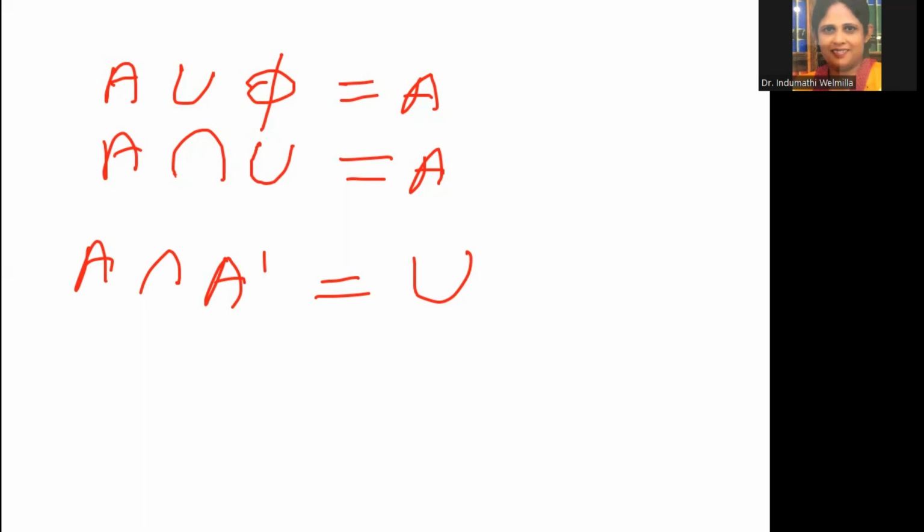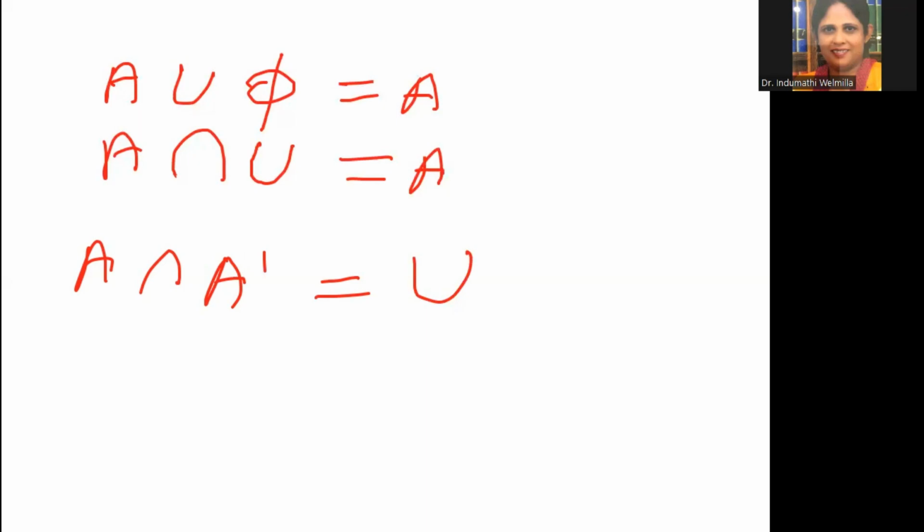Those things you have to know as the properties of sets. And you should get clear knowledge of how to present all these things with the Venn diagram.